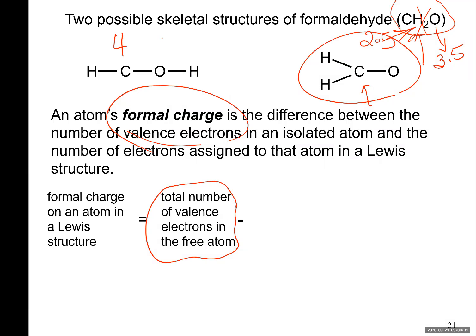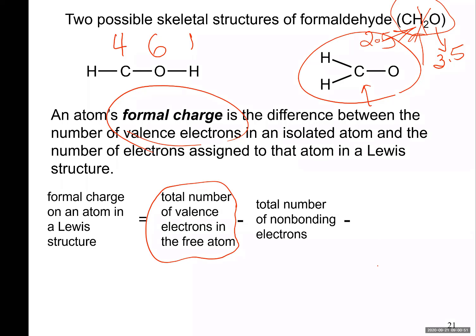Total number of valence electrons in oxygen is 6, because it's 6A. Total number of valence electrons of hydrogen is 1 because it's in group 1A. So write total number of valence electrons on each atom in a formula, each atom at a time.